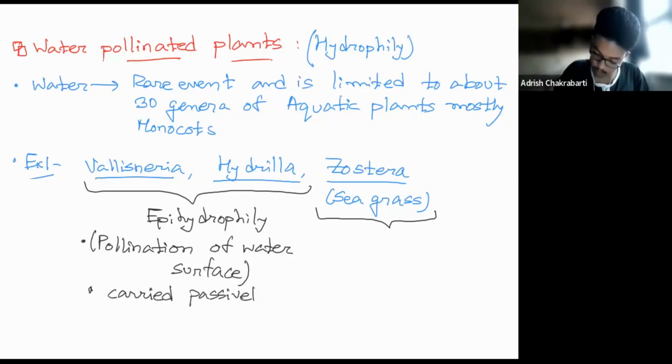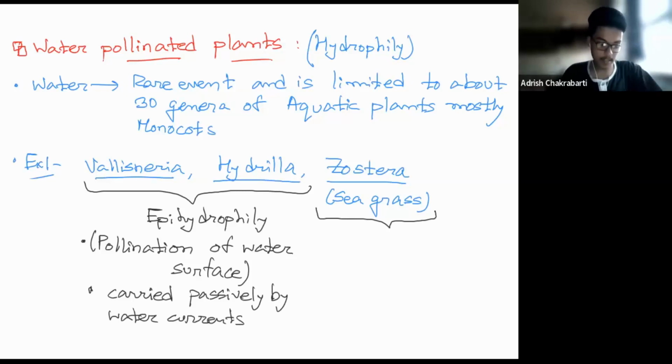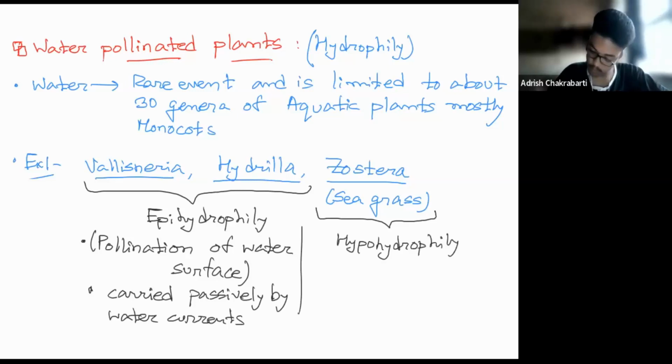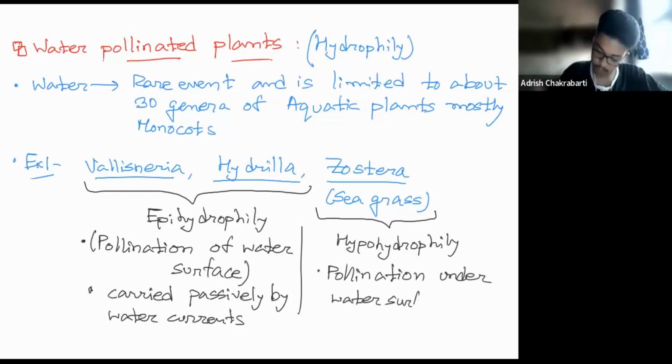In Zostera, that is seagrass, what we observe is hypohydrophily, which means pollination underwater. Getting to the NCERT line: in another group of water pollinated plants, such as seagrasses, female flowers remain submerged in water and the pollen grains are released inside the water.